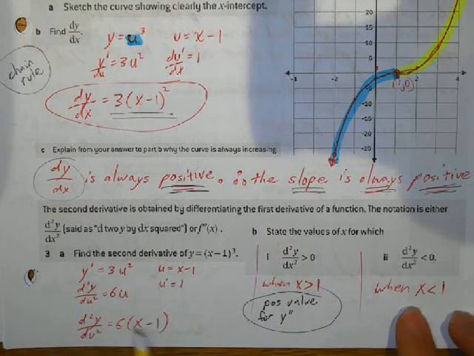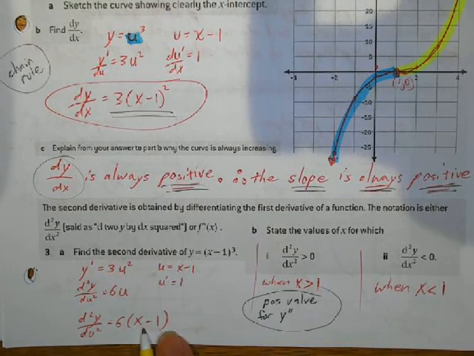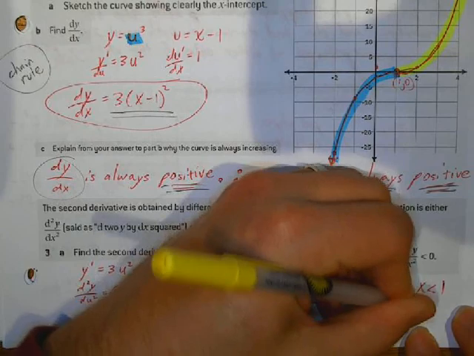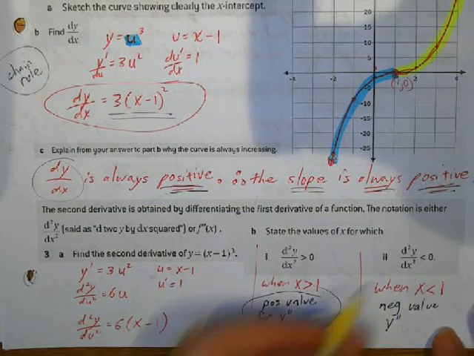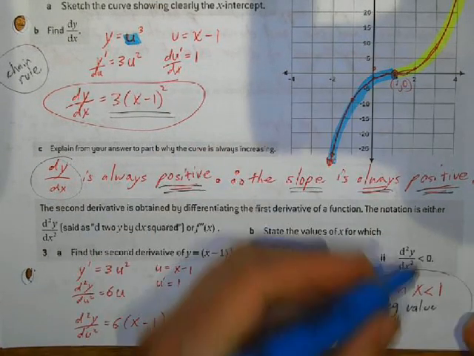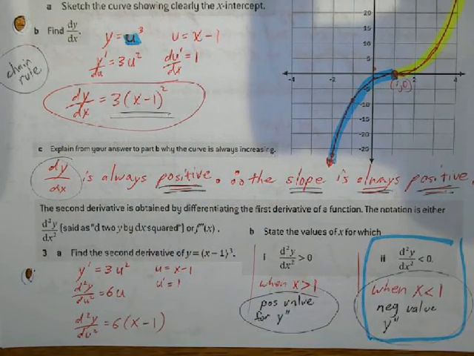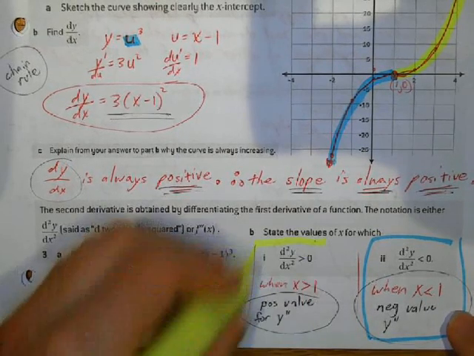If x is less than 1, like if I plugged in 0, -2, -3, then we're going to have a negative value for this. So when x is less than 1, here, this is going to give us concave down. And when x was greater than 1, this gave us concave up.